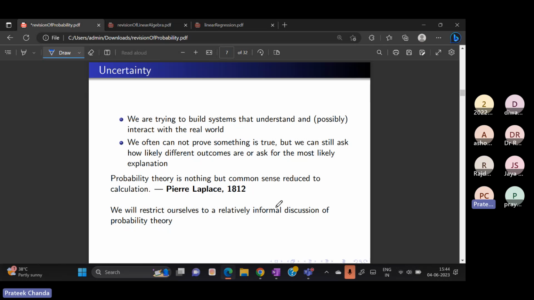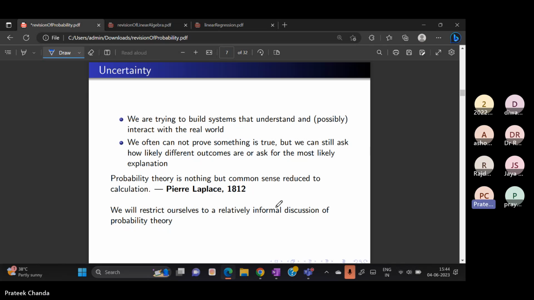That uncertainty is something we want to give a mathematical measure through probability. As Laplace mentioned, probability theory is nothing but common sense reduced to calculation. It's the notion of uncertainty, but more rigorous, a quantitative measure.